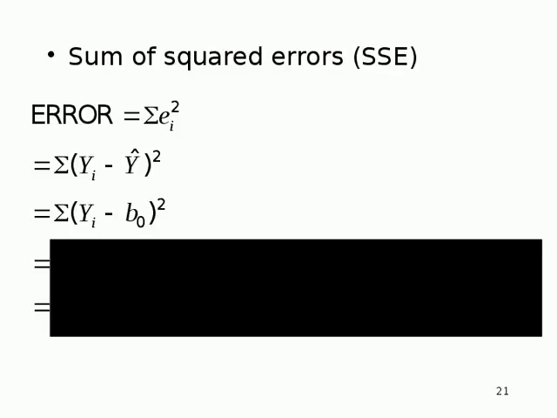Right? So by minimizing the sum squared error, which is exactly what we just did, by minimizing that error, I find the mean.